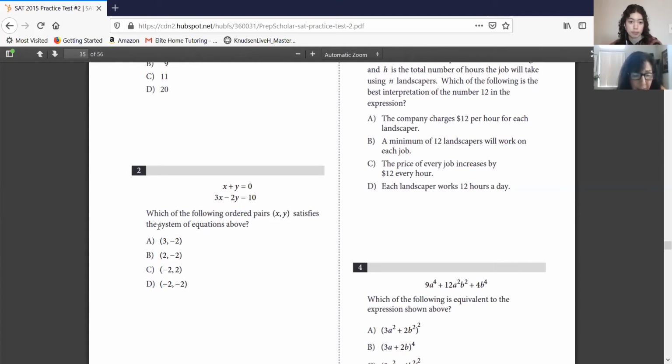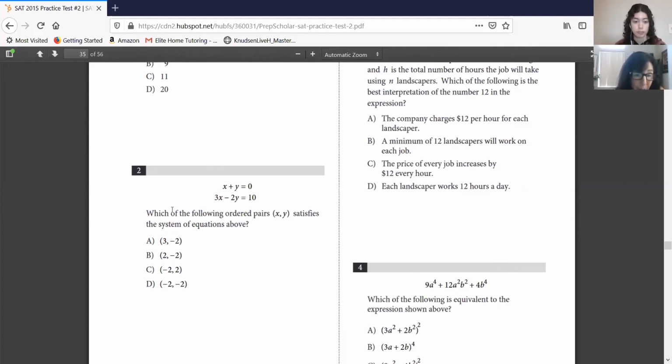Remember that when you have a system of equations, the answers need to work for both of the equations in order to solve for the ordered pair. Which of the following ordered pairs satisfies the system of equations above? So 3 and -1: 3 minus 3 plus a -2, excuse me, a -2 is not 0, so that one is out.